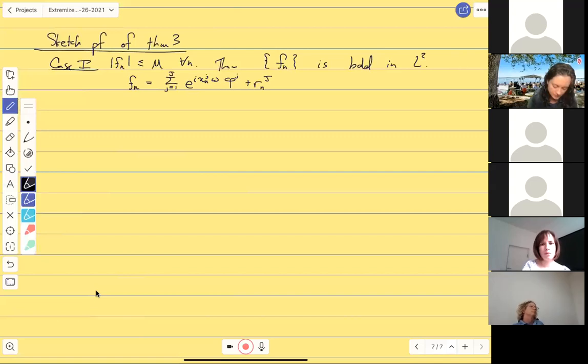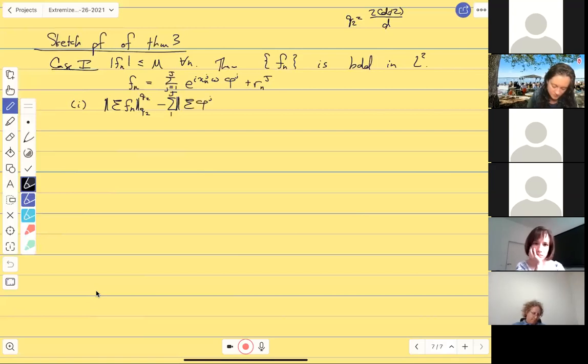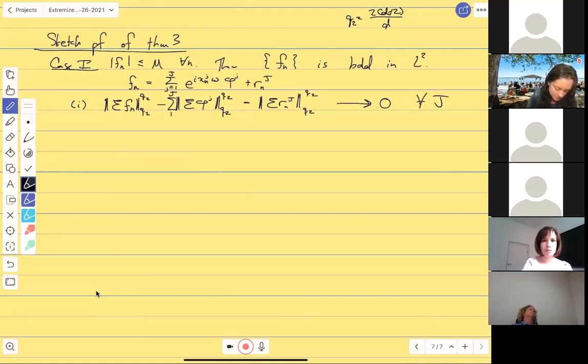So first of all, we have this separation condition in LQ2, where Q2 is equal to the scaling exponent corresponding to 2. So this minus, so this goes to 0 for all j. And we have, secondly, that the norm of the extensions of the remainders goes to 0 in the way we expect.